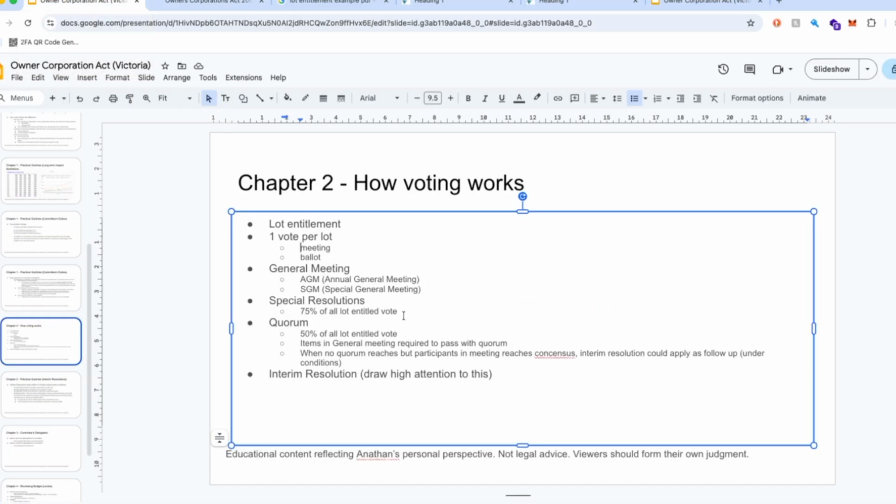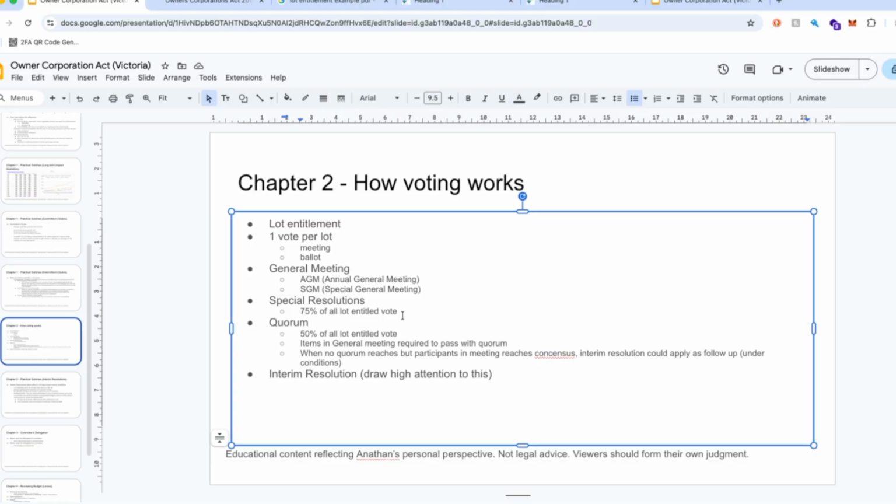And this is there for good reasons. Let's say some bad act happened in your OC that misrepresented the OC, to initiate some legal proceeding without the owners' input, in this case without 75% of the owners agreeing.